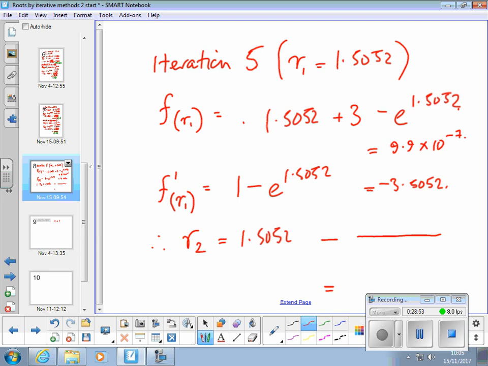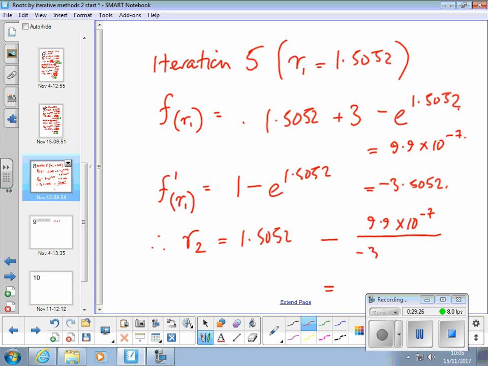What do you get then? Just the spreadsheet. That's why the numbers are different, but you come up with the same answer.